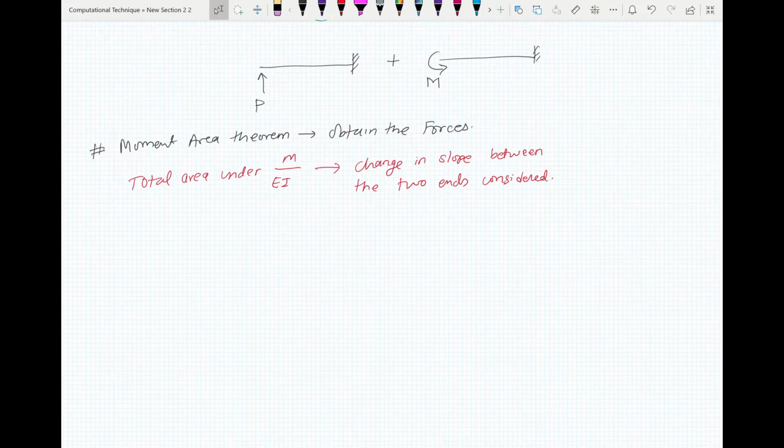Now when this change is multiplied by the centroid of the area, then you'll obtain the relative displacement.